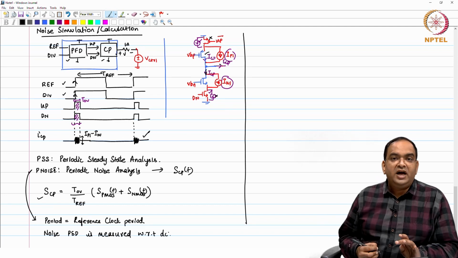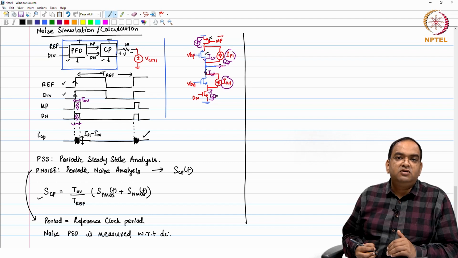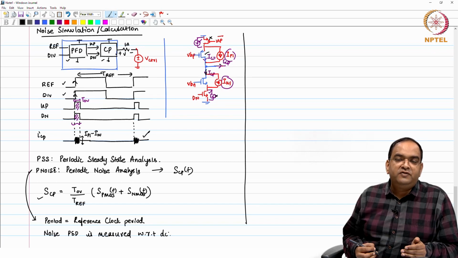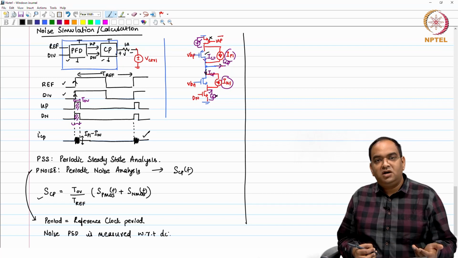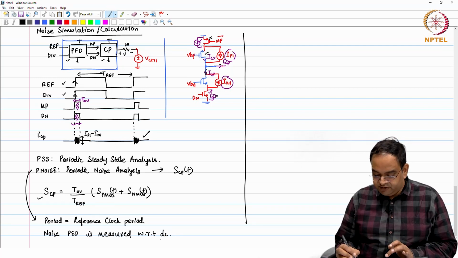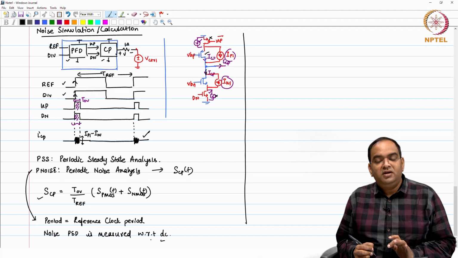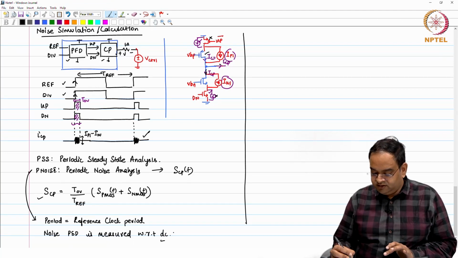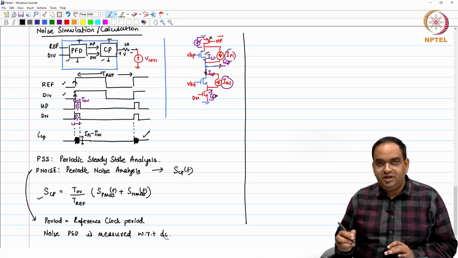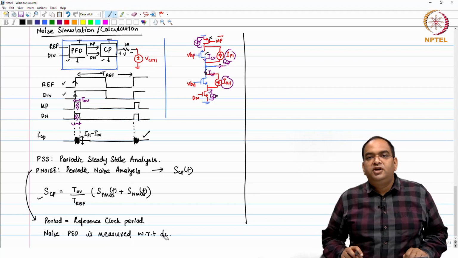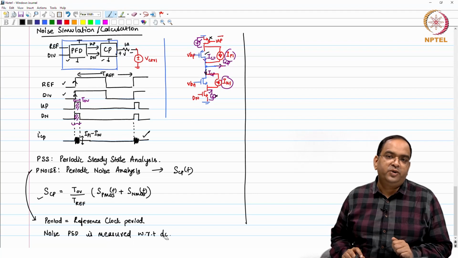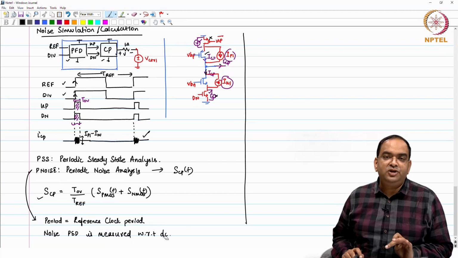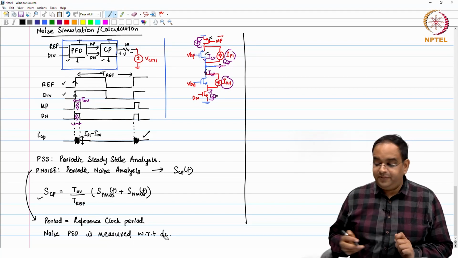You have options to measure with respect to the fundamental of the beat frequency, which is your reference frequency, or the second or third harmonic, but we are measuring with respect to DC, because that is what we need here. Depending on which simulator you are using, you can define it as absolute or relative. So, here we need absolute, with respect to DC.